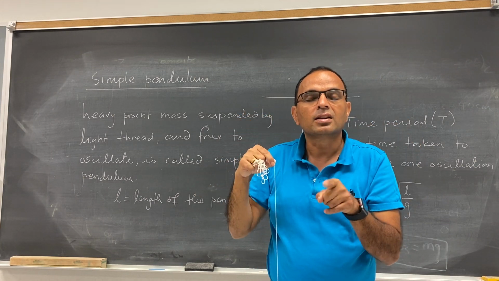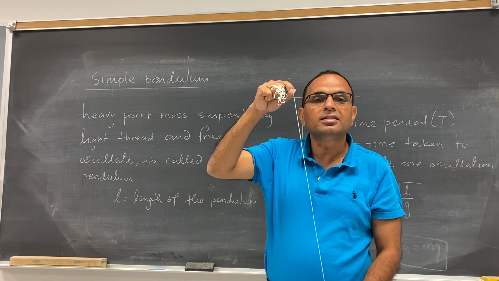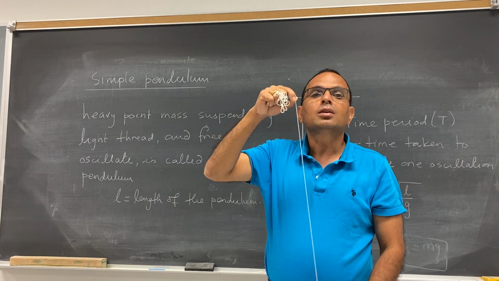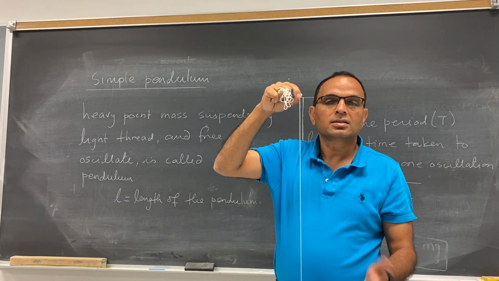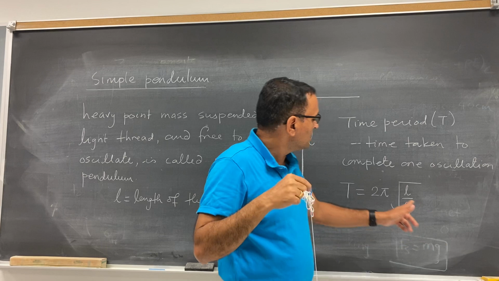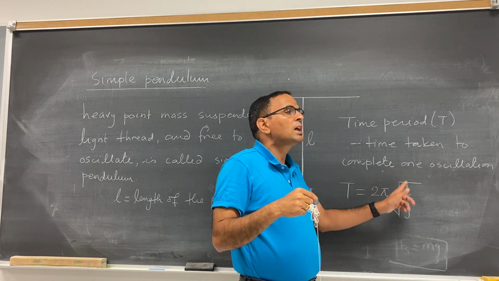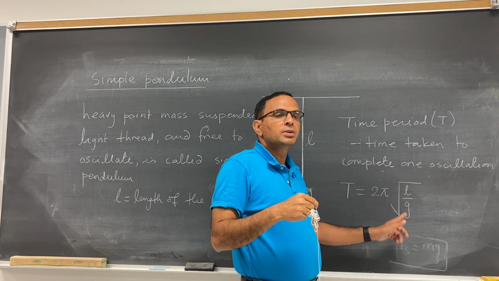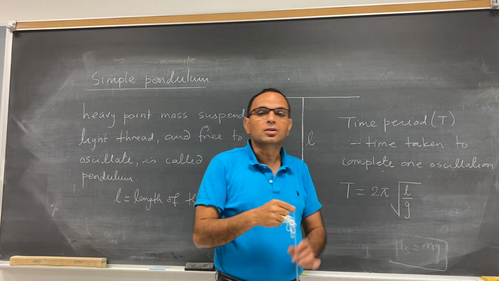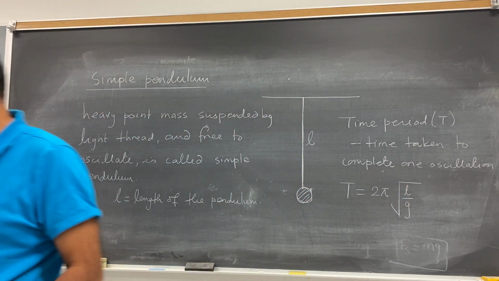What is changed there? Gravity changes, so the time period changes. But the mass has no role, because look at this formula: the time period is 2 pi square root L over g. So the time period depends on the length of the pendulum and on gravity. Please note this, that is important.